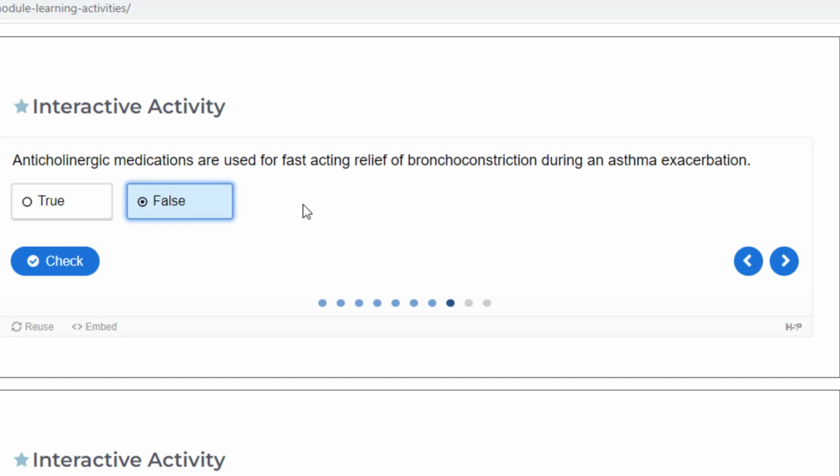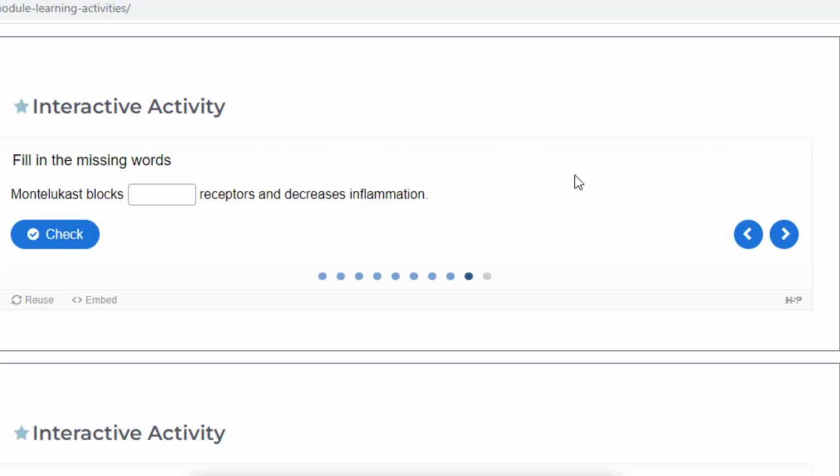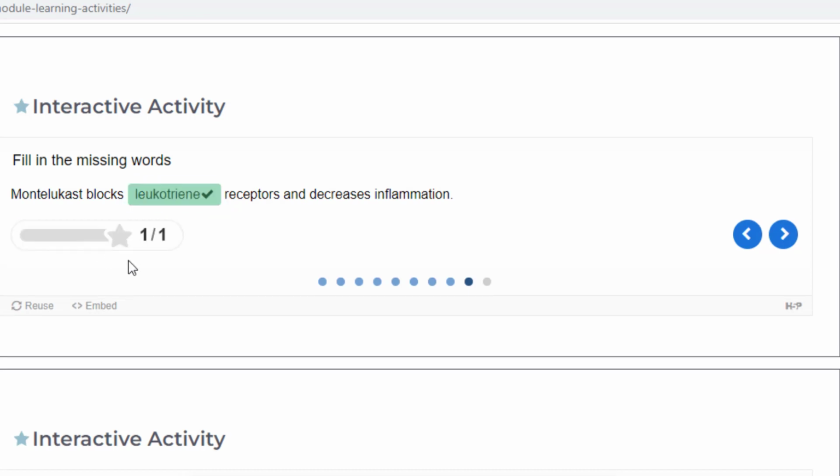The anticholinergic like ipratropium is not. And then the last one here, montelukast, it's kind of in the name where it blocks leukotrienes, and you see this leukast part of it. That's part of the ending from Memorizing Pharmacology, but it blocks leukotriene receptors and decreases inflammation. And you would know this better as Singulair. And we'll check that, and that's right.